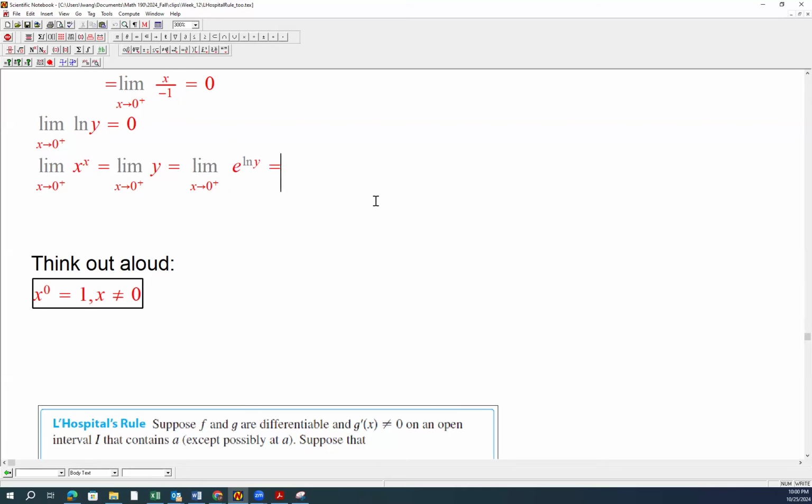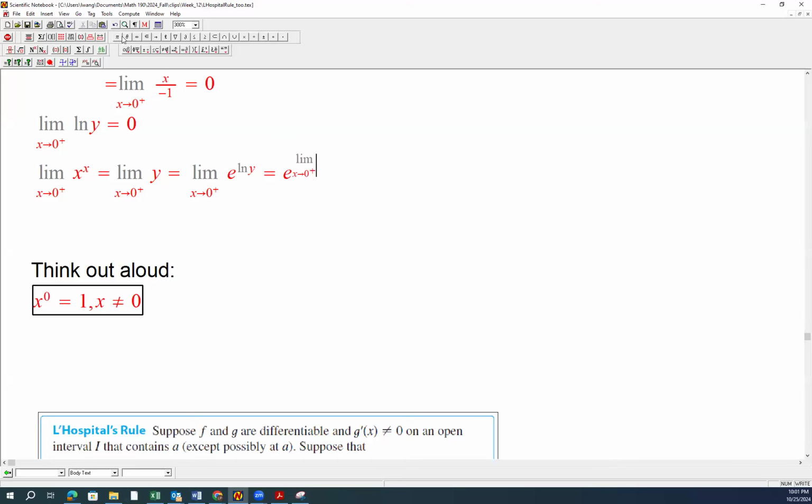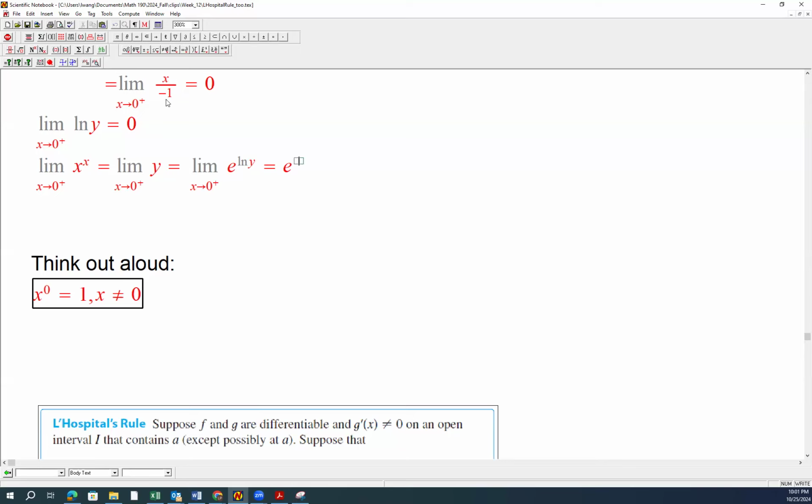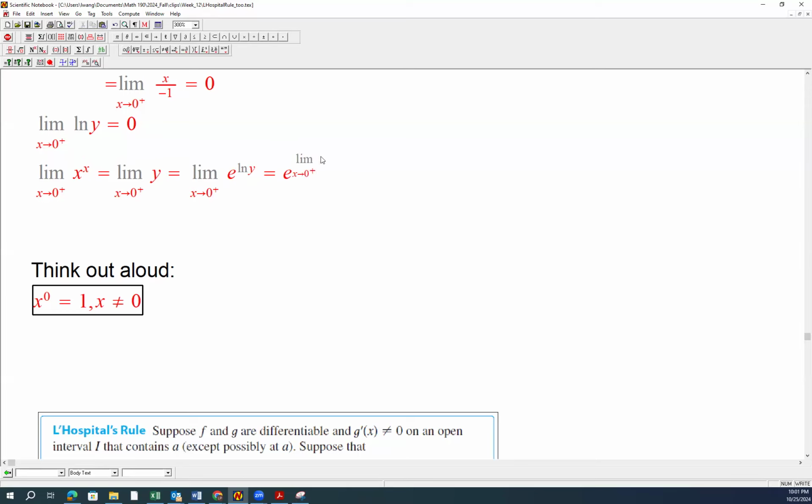Then by continuity of e to the power x, that's going to be e raised to the power of the limit of ln y. The writing looks a bit weird, so let me rewrite it.